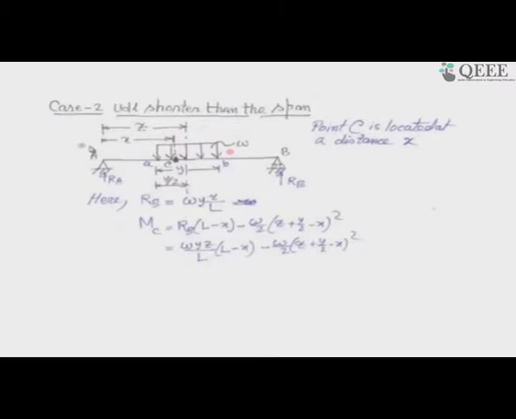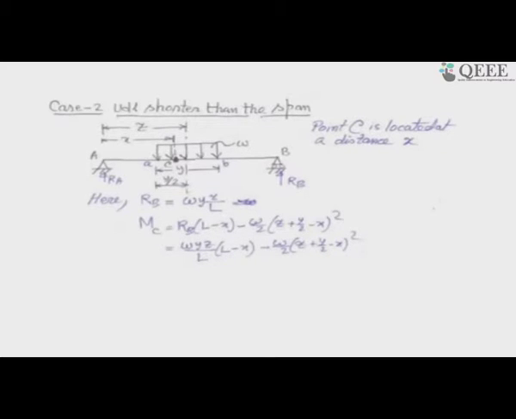So, the load center is at a distance z from the left end, spanning y by 2 this side and y by 2 this side, and I am examining the effect at a section C, which is at a distance x, and it has been cast as a variable form for MC.